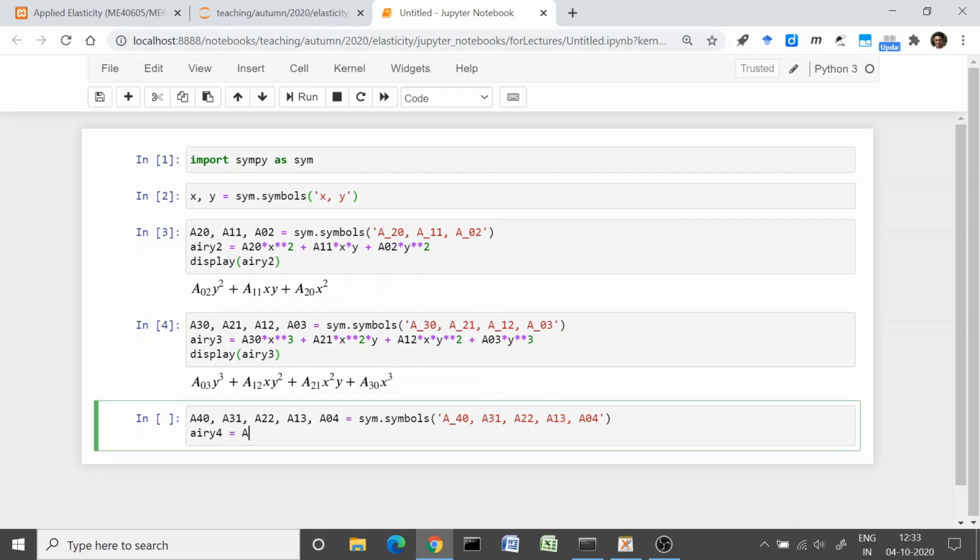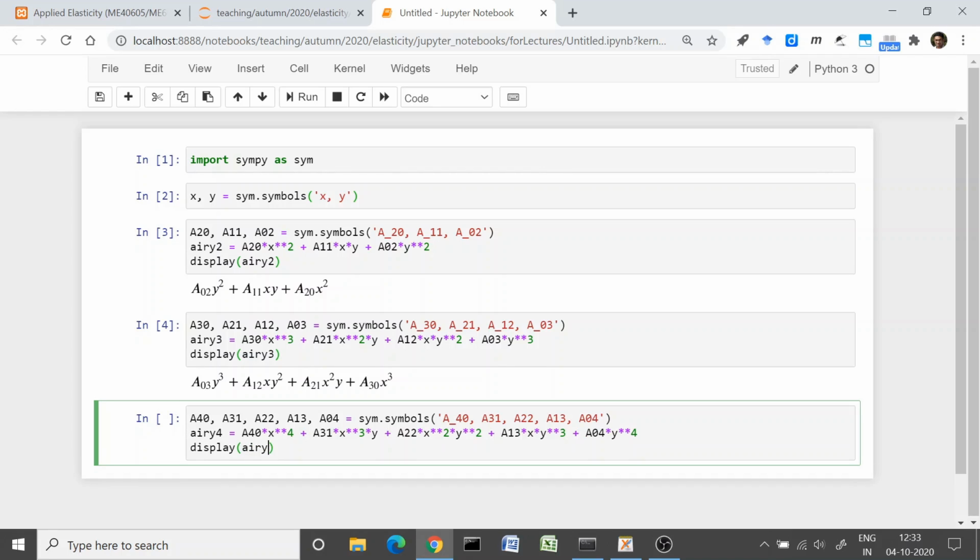Now for the a4, we have a40 into x to the power 4 plus a31 into x cube into y plus a22 into x square into y square plus a13 into x into y cube, and finally a04 into y to the power 4. Again, we display this.